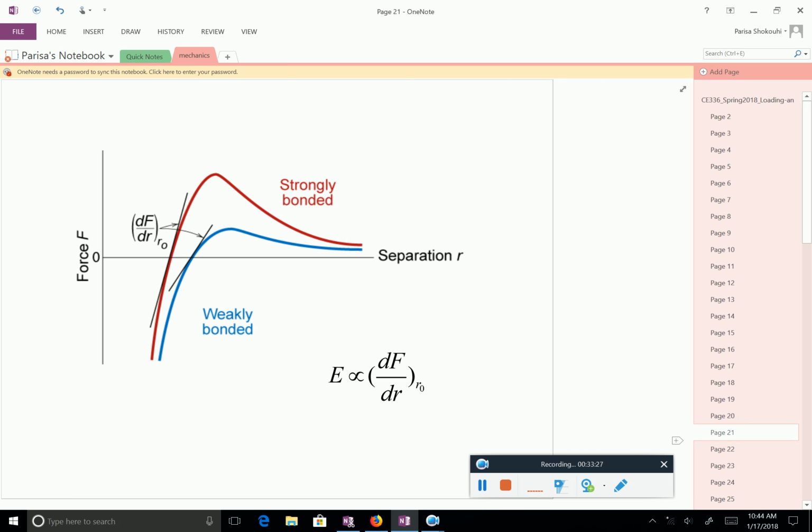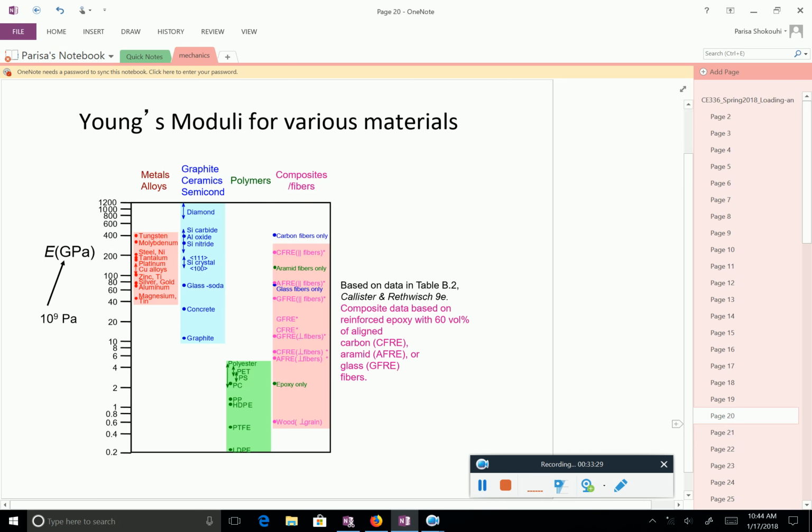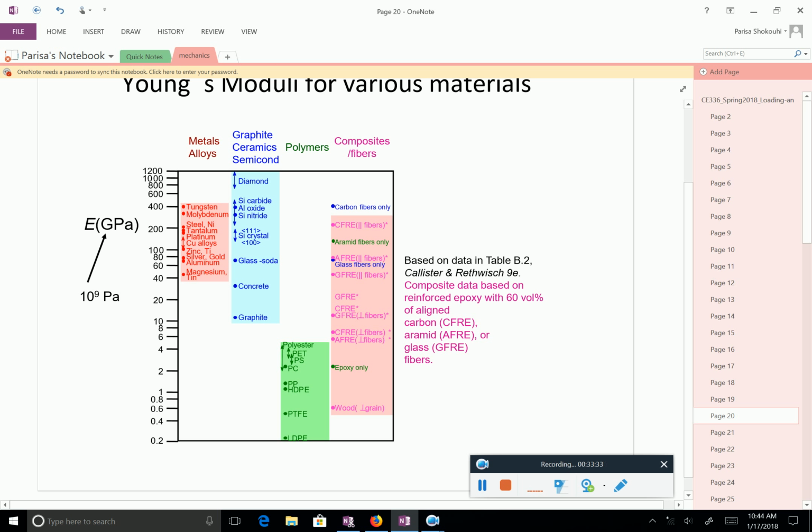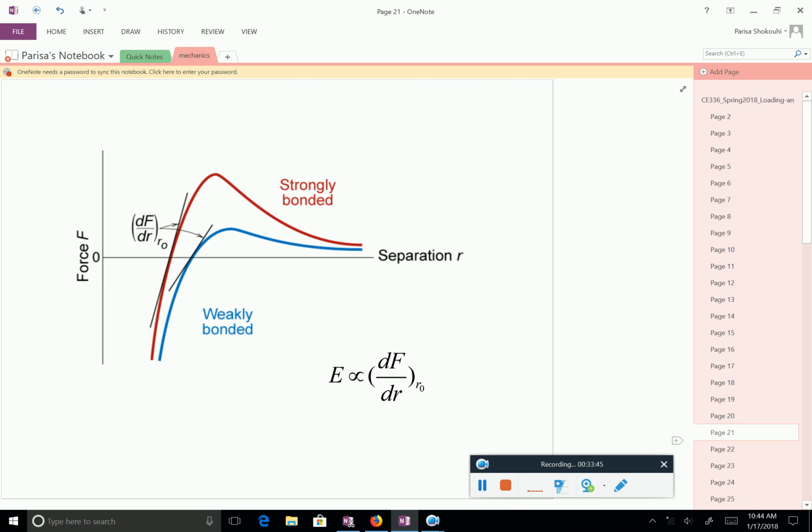If we go back to the diagram that I just showed you, and we look at the metals, and here is diamond, which is the highest, and then you have metals and concrete and other materials. So far you have just seen them. In this class, we want to also learn a little bit about why. Why do we have different stiffness for steel and concrete?